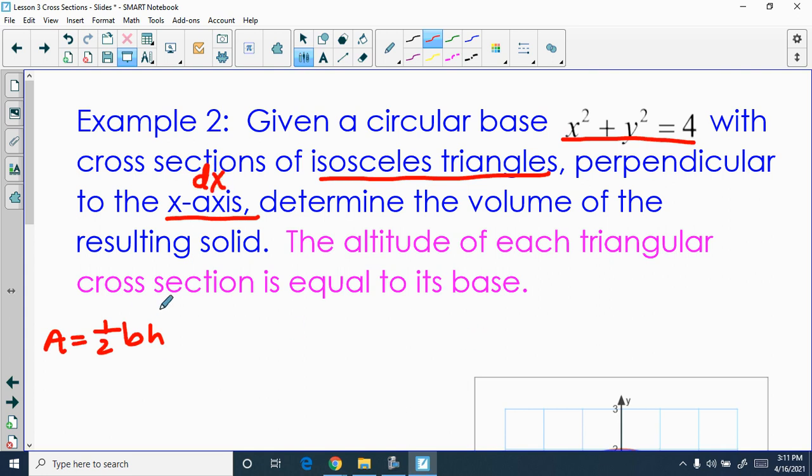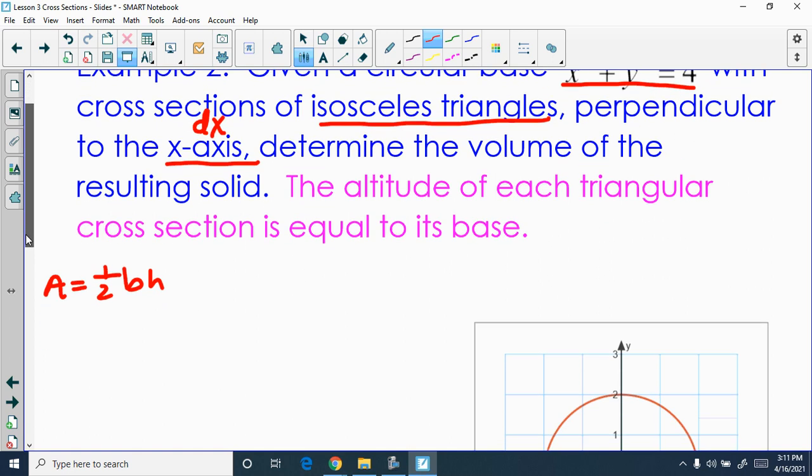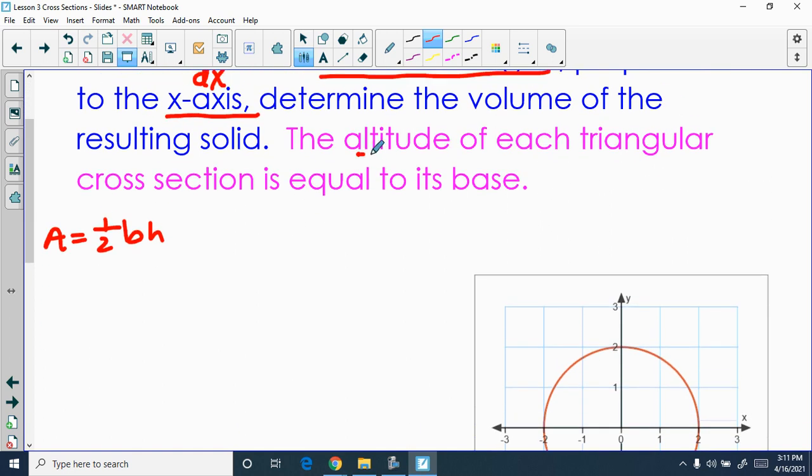And we're asked to determine the volume of the solid. They also tell us that the altitude is going to be equal to its base. So really, we've just got b squared here, right? And our formula, since they're equal.